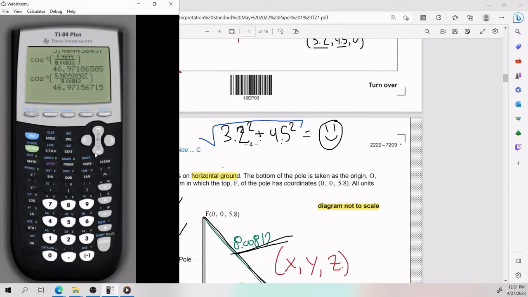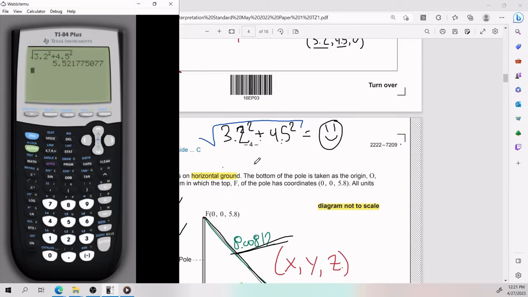So I boot it up. I do square root of 3.2 plus 4.5. Oops, I made a mistake there. I need to make sure that they are all squared. So 3.2 squared plus 4.5 squared, all of this square rooted, will give me smiley face.